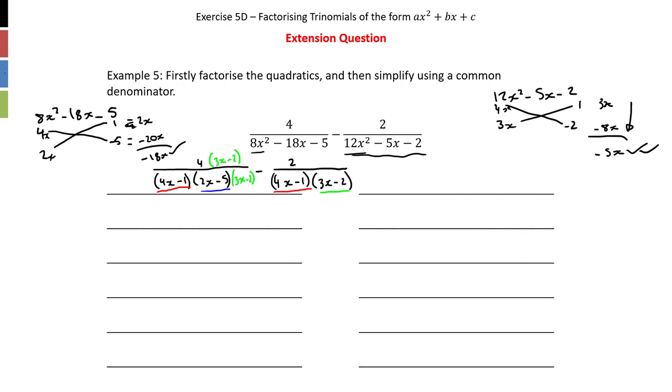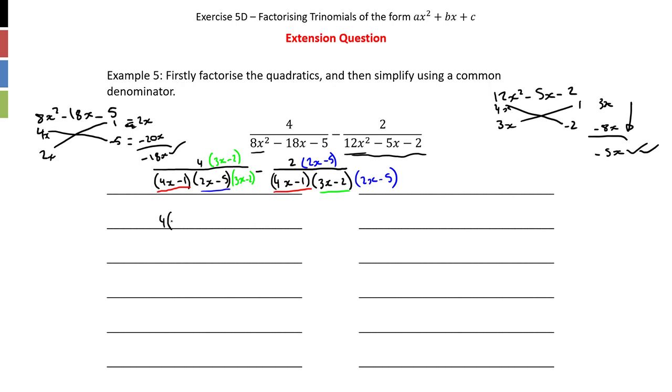So that gives me that. And over on this fraction, I'm going to multiply by 2x minus 5 and 2x minus 5. And all of a sudden, I now have a subtraction of fractions that have like denominators, so I can actually perform the subtraction.